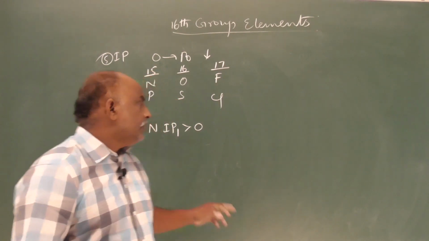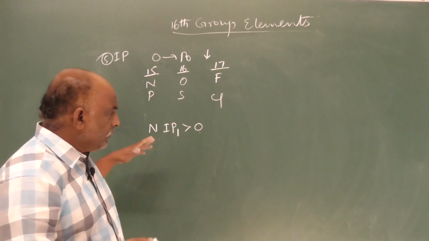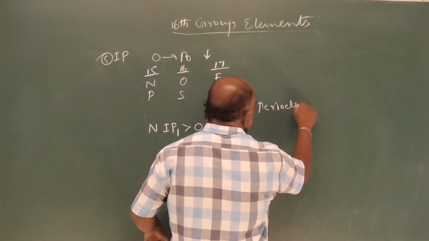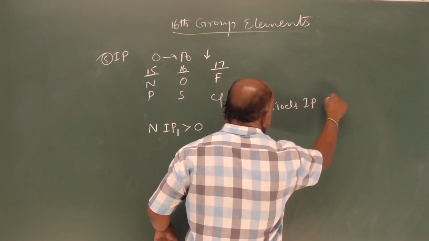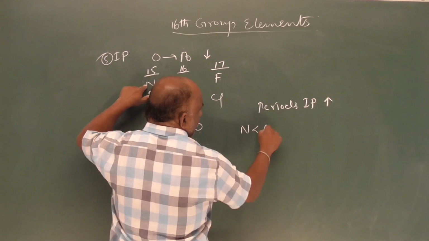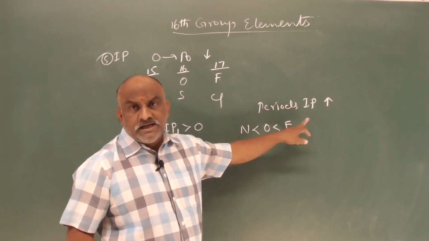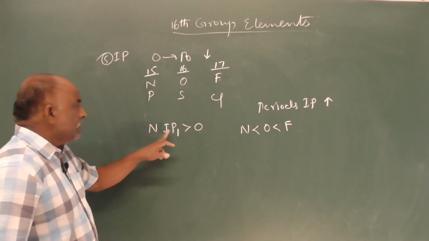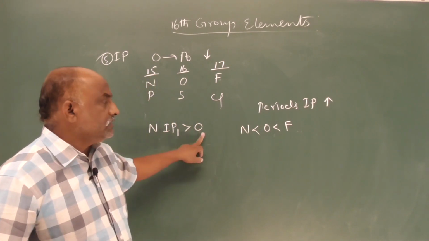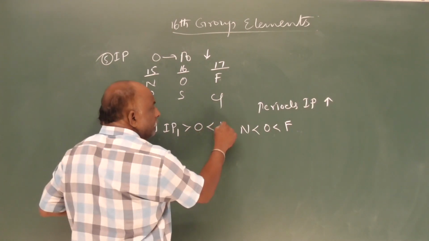Nitrogen's ionization potential value is greater than oxygen's. Actually, what do we know about periods? In periods, IP values increase. So we expect N less than O less than F. But here, the first ionization potential value of nitrogen is greater than oxygen, and the oxygen ionization potential value is less than fluorine.